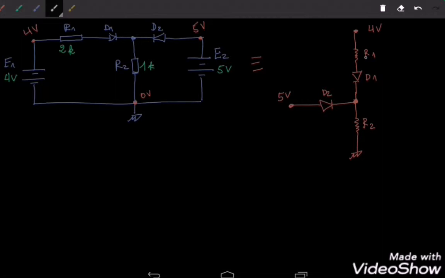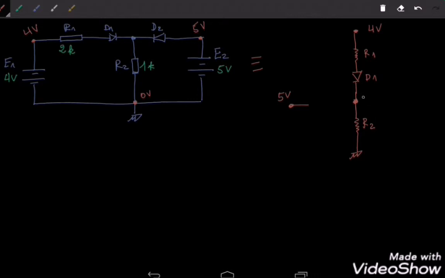In this case the current will flow in this direction, from the highest potential to the smallest potential, which is 0 volts.